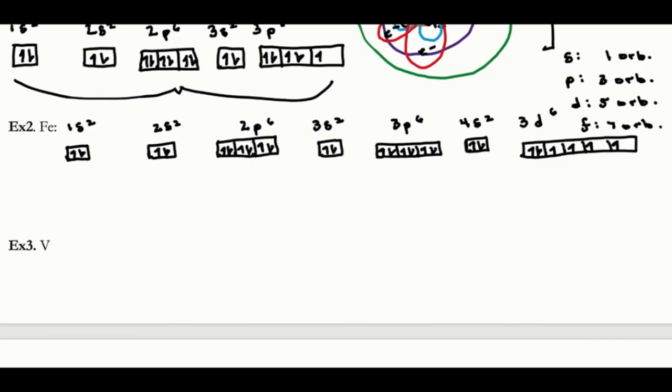Okay, let's look at one last one. All right, for vanadium. There's my electron configuration for vanadium. Okay.